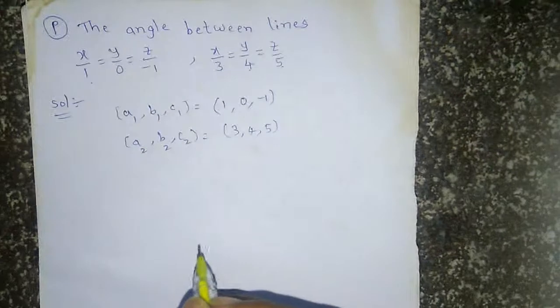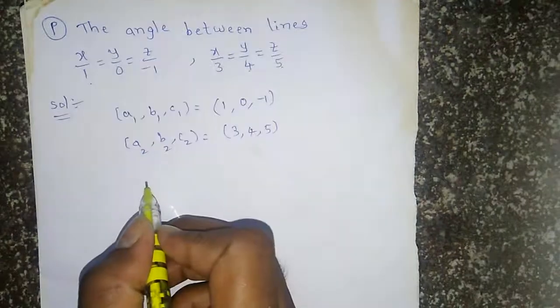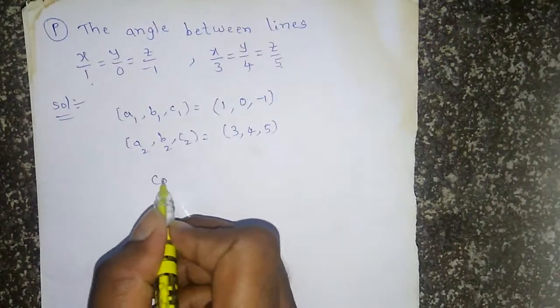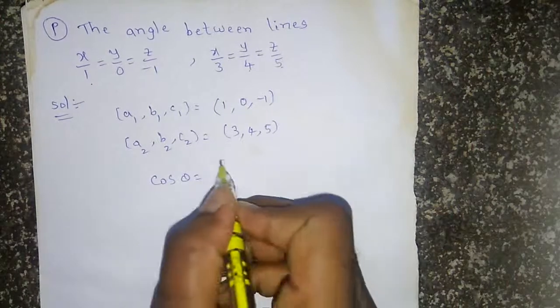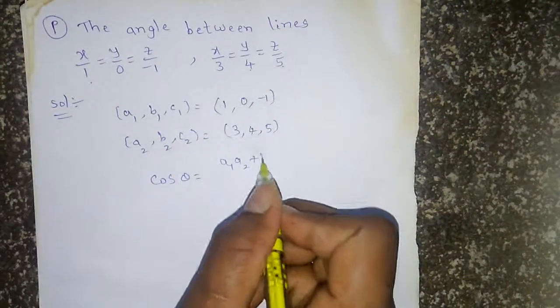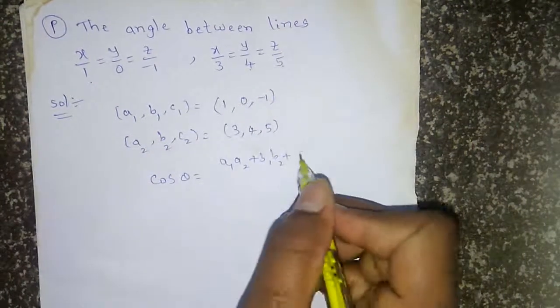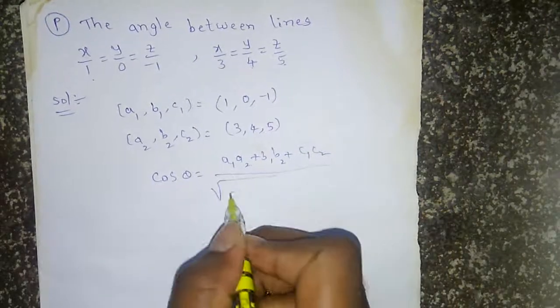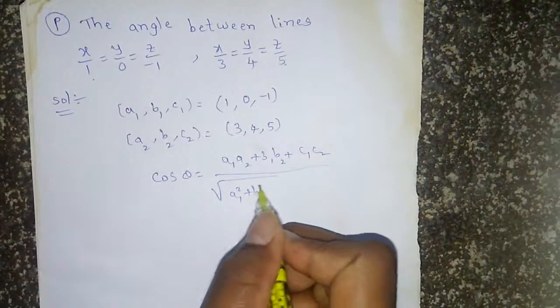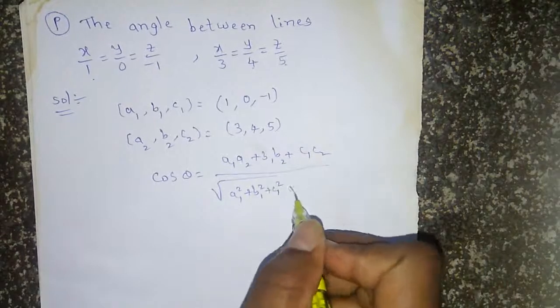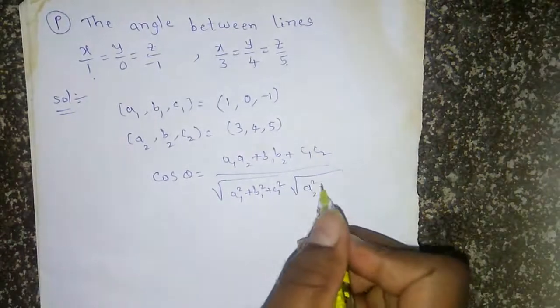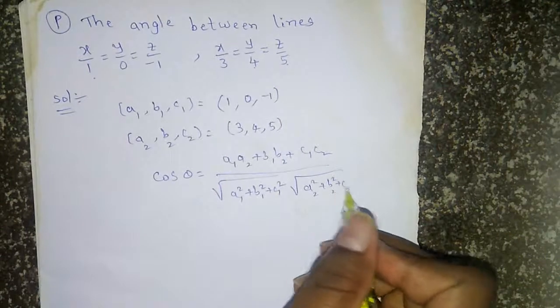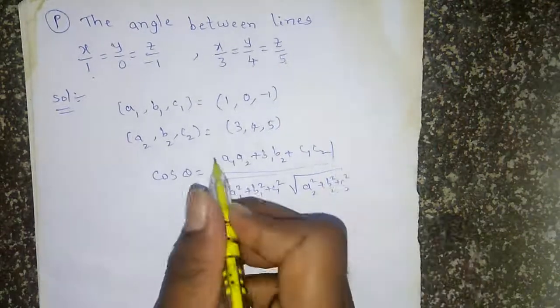So when direction ratios are given, the angle between the lines formula is cos theta = |a1a2 + b1b2 + c1c2| / (root of a1 square plus b1 square plus c1 square, times root of a2 square plus b2 square plus c2 square), under modulus.